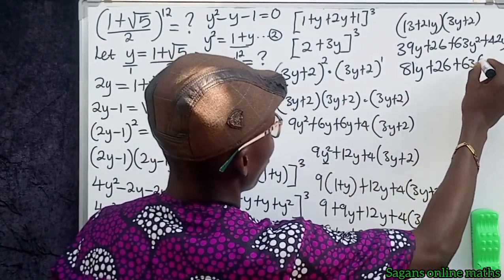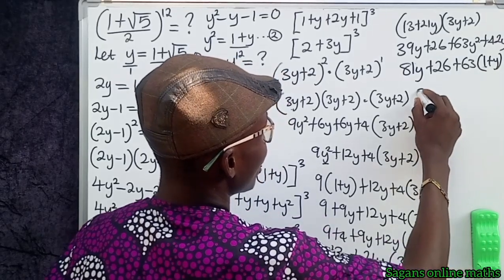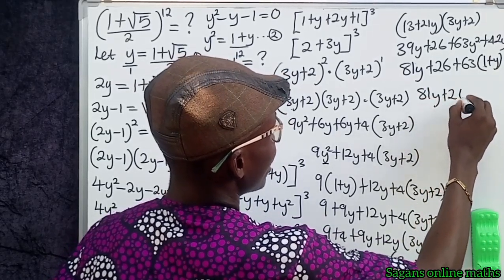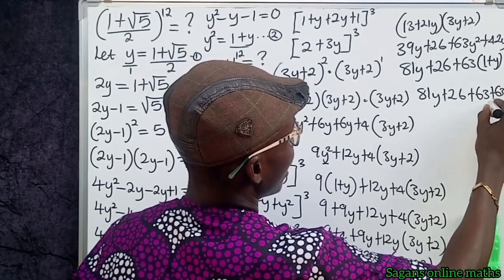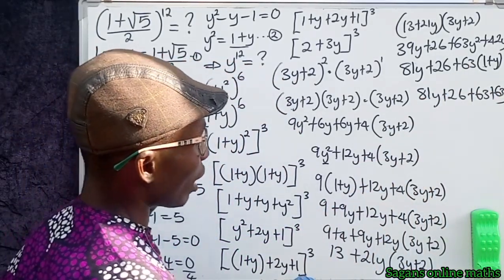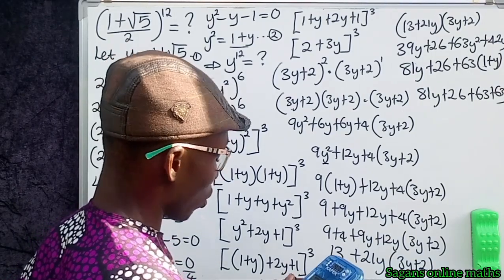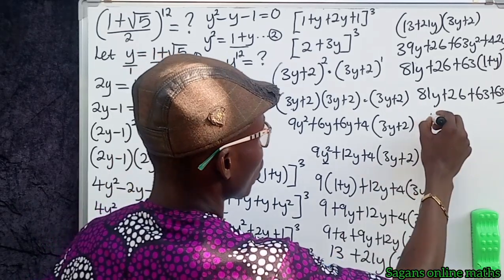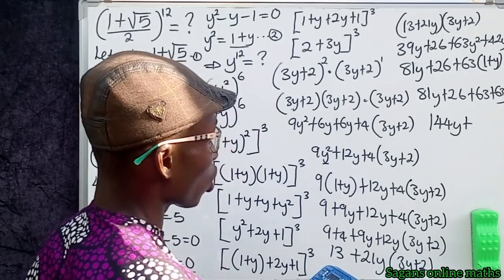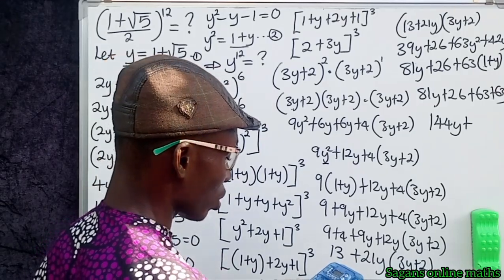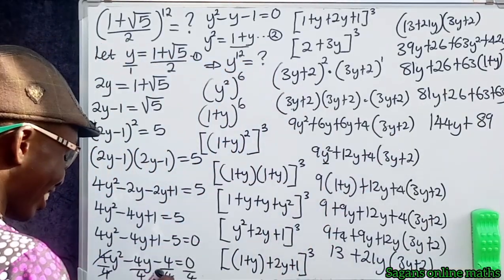So this now becomes 81y plus 26, then plus 63 plus 63y, because 63 times y is 63y. So let's add 63y plus 81y: this is 144y. Then let's add the constants: 26 plus 63 gives us 89. Wow, this is amazing.